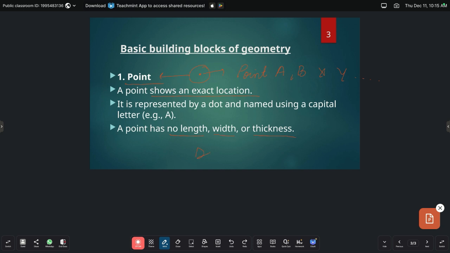That is, this point is dimensionless. Dimensionless means no dimensions. It has no length, no width and no thickness. Got it, boys? Moving to the next.